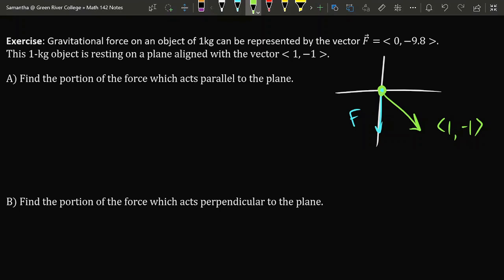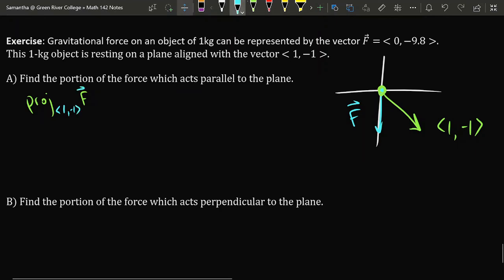So let's figure out, first of all, the portion of the force vector which aligns with the plane. To figure out the portion of the force vector which is parallel to the plane represented here by the green vector, I'm going to find the projection of the force onto the green vector, 1, negative 1.